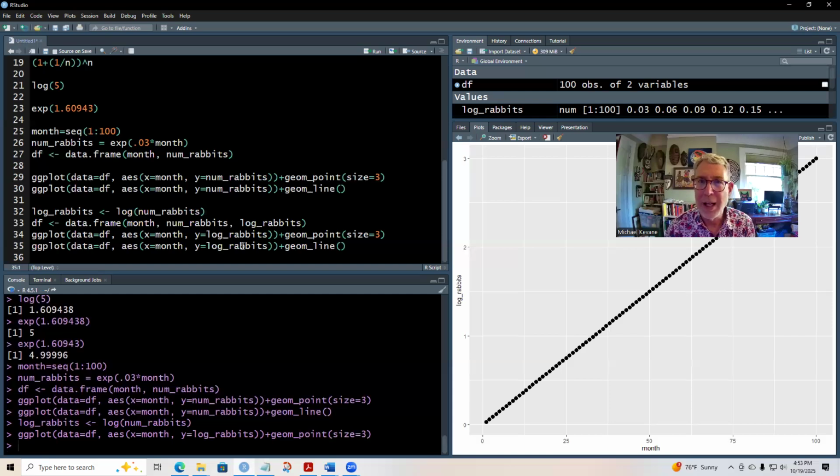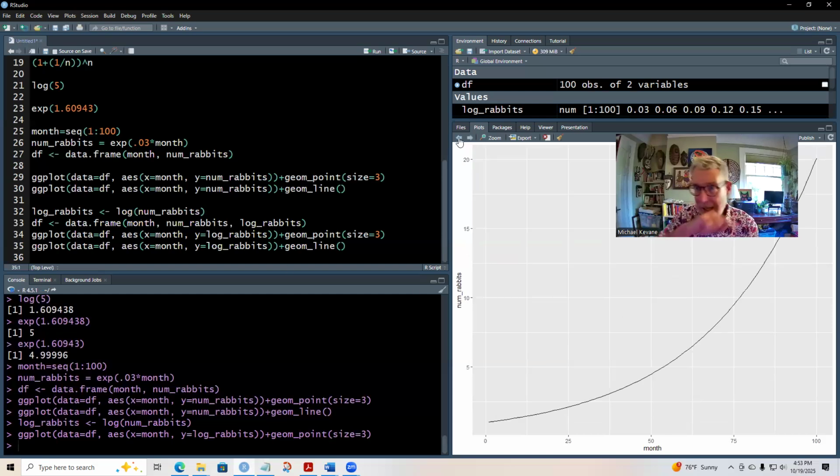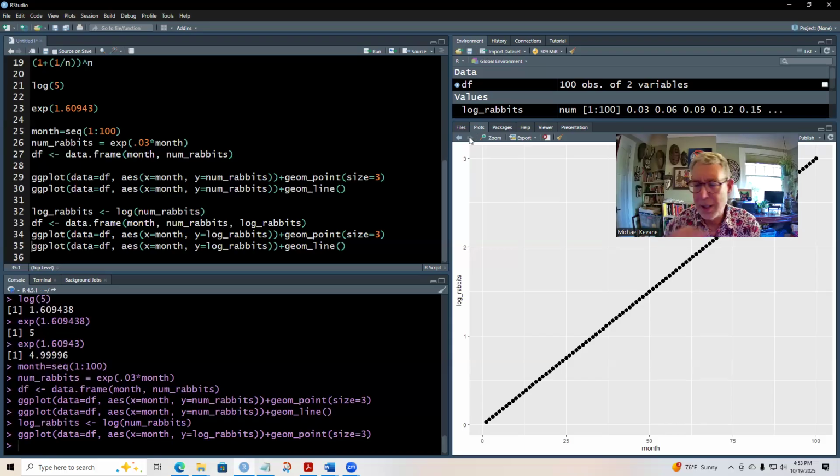And voila, right? The log transformation turned a nonlinear function, by transforming the variable, into a linear function. So by transforming the number of rabbits into the log of rabbits, our nonlinear relationship was turned into a linear relationship.